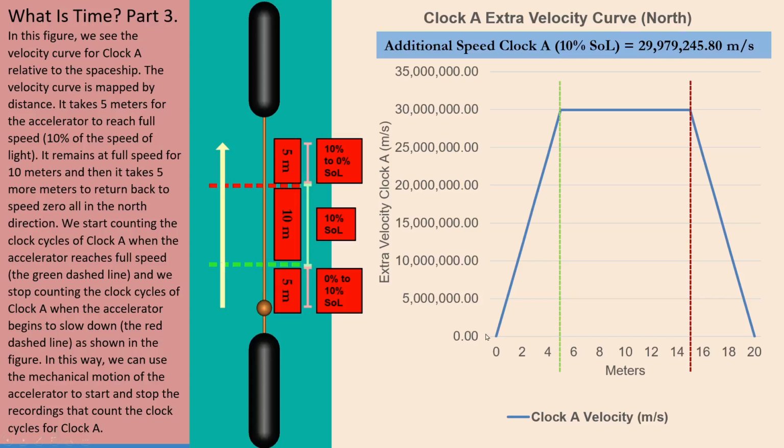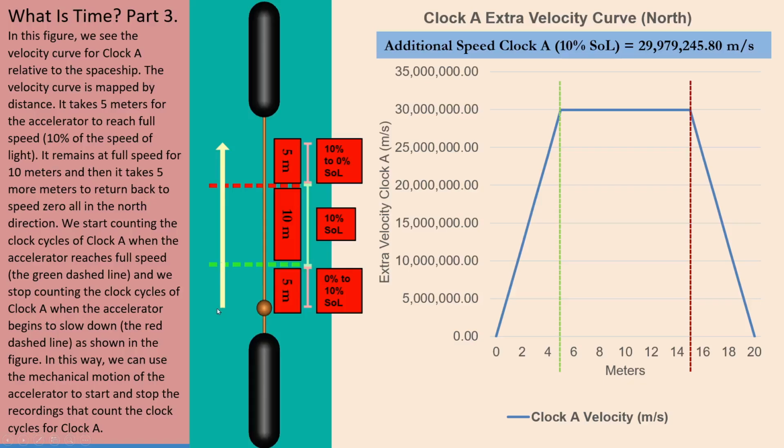And here we can see the velocity curve for this clock accelerator. It goes from 0 to around 30 million meters per second. It stays at that rate until the 15-meter mark, and then it returns back down to 0 meters per second by the 20-meter mark. And here's another visual.